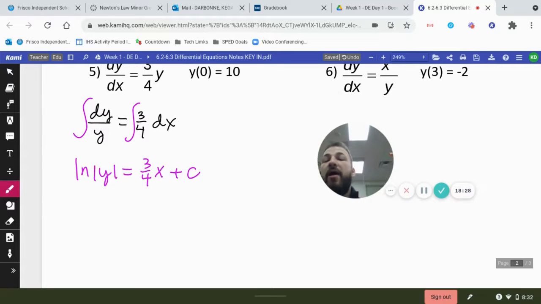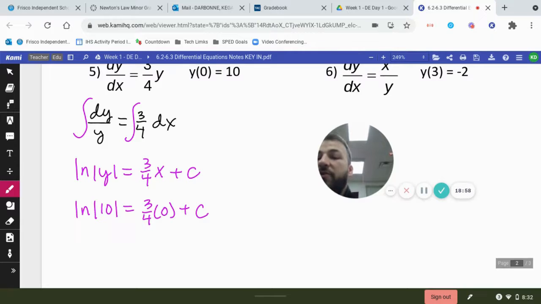Now, yes, I could go ahead and solve out for y right now, but I personally think that's a little bit difficult, and I think it's significantly easier to solve for your value of c immediately after you integrate. So we're going to go ahead and solve for our value of c immediately. So right here, natural log of the absolute value of 10 is equal to 3/4 times 0 plus c.